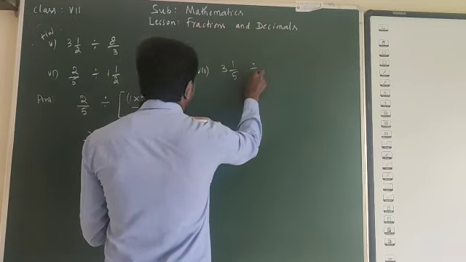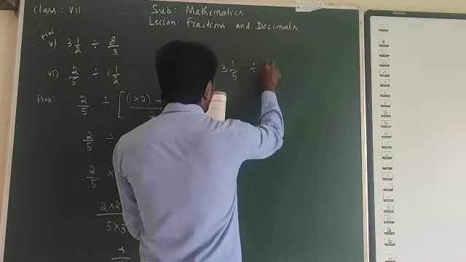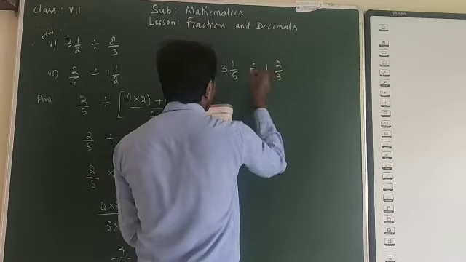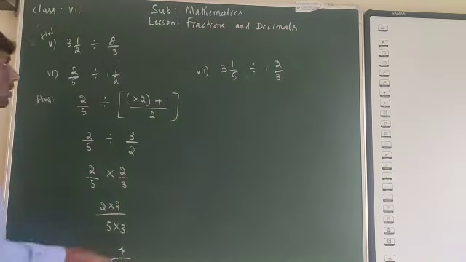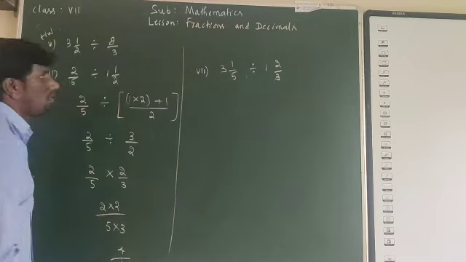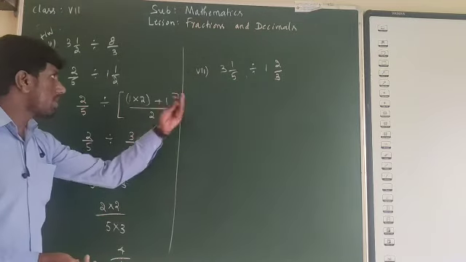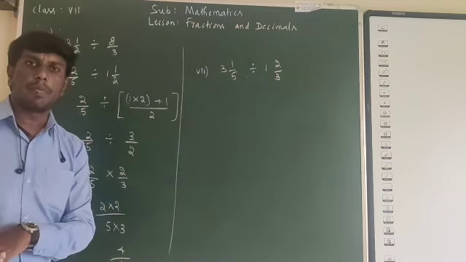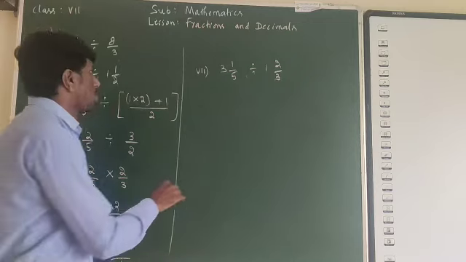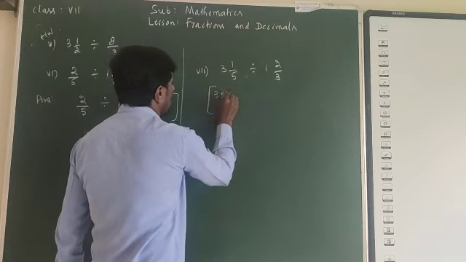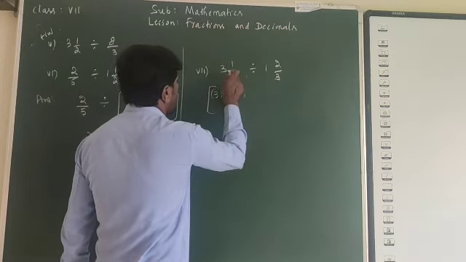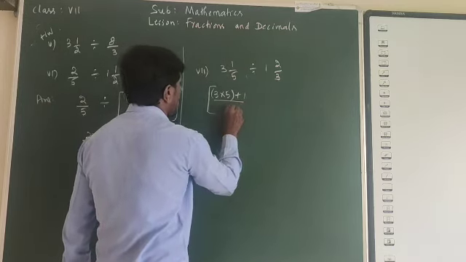3 1/5 divided by 1 2/3. You can observe here both are mixed fractions. Both you need to convert into improper fractions, then proceed. So 3 5s are 15, plus 1, denominator 5.